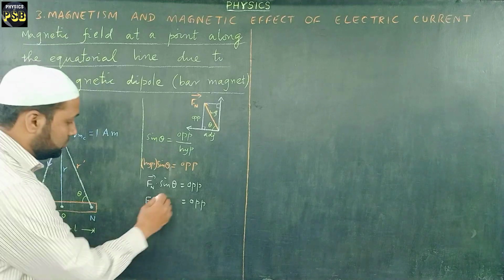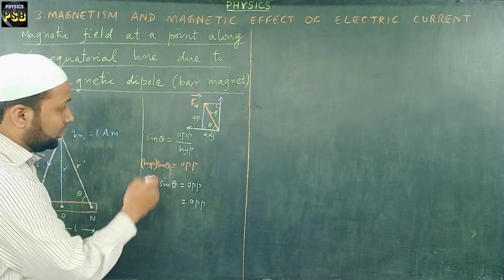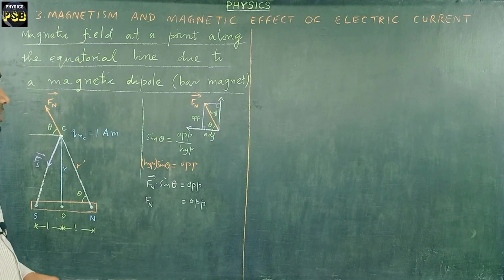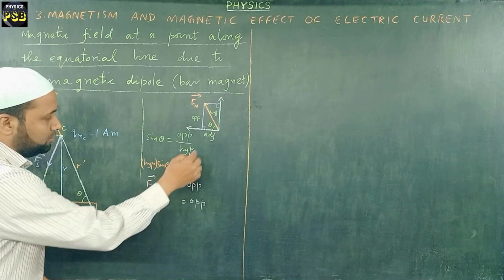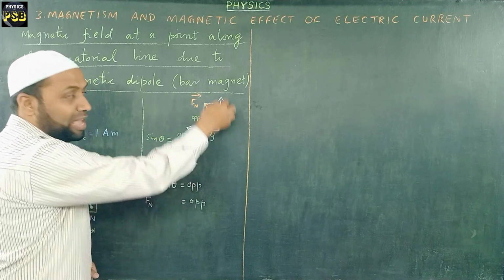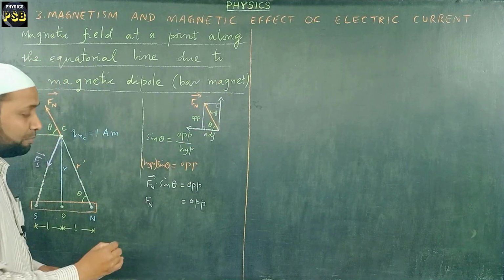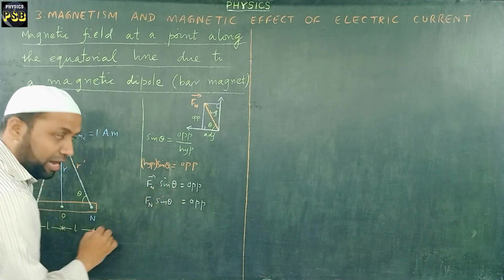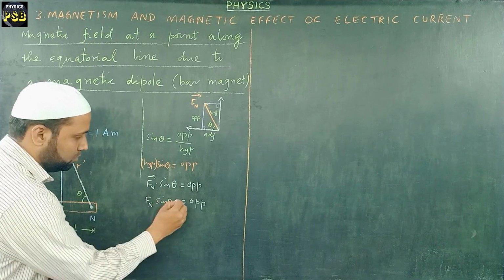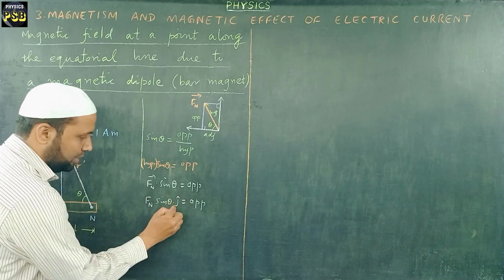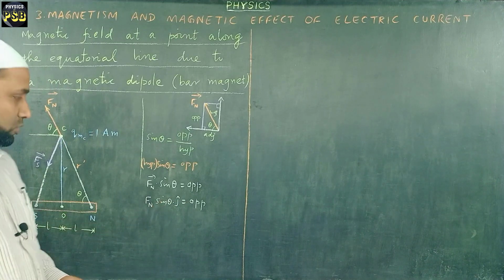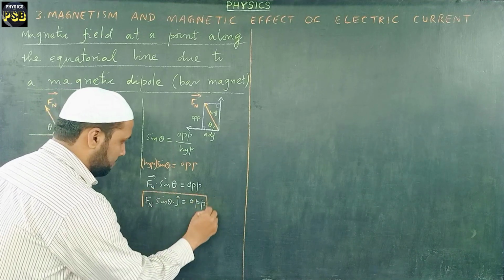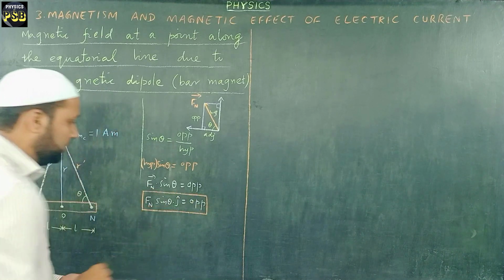The unit vector which acts along the y-axis is nothing but j cap. It acts along the positive y-axis, so plus j cap is taken here. Along with that, I multiply j cap; it provides me the direction. This is the value of the opposite side. I box this for better understanding.